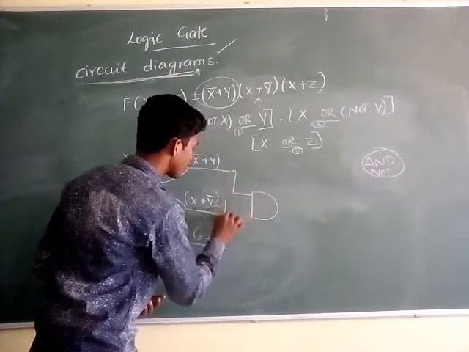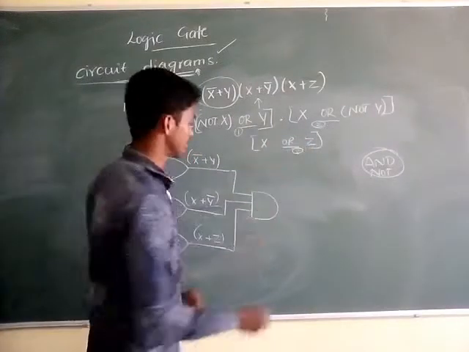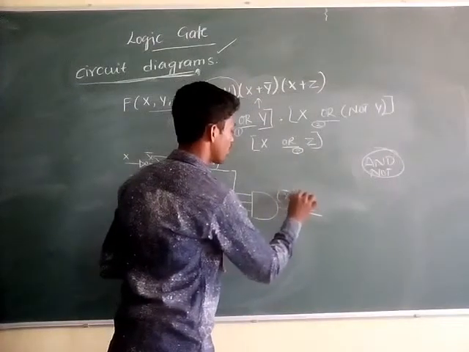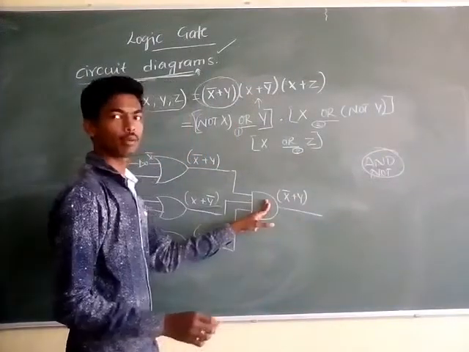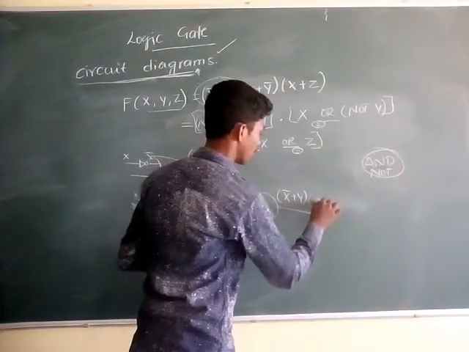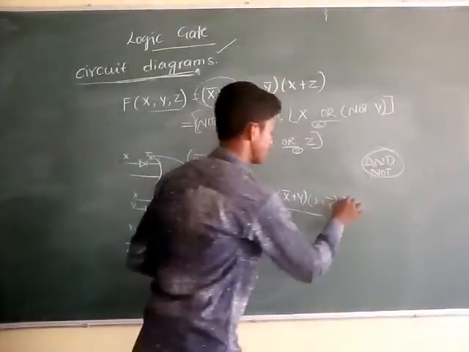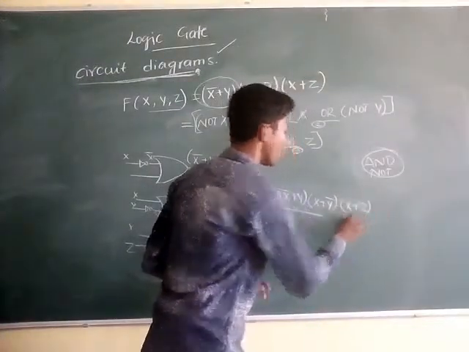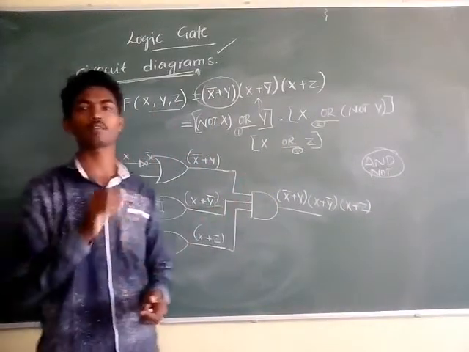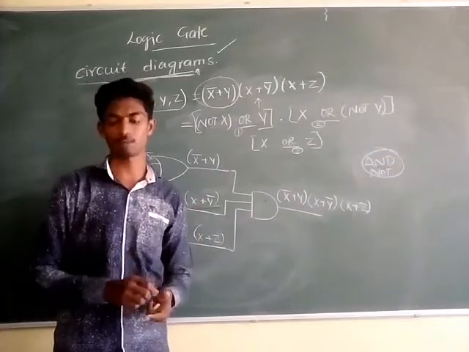Because these three OR gate operations are connected with AND operations, we have to insert one AND gate at the end with the three outputs as its inputs. Outputs of the OR gates are the inputs for this AND gate. This is the final answer for the circuit diagram. This is the way of drawing the circuit diagrams for the given expressions.